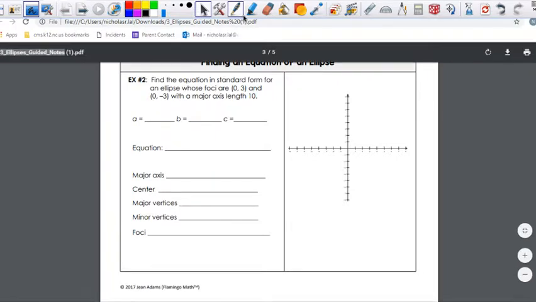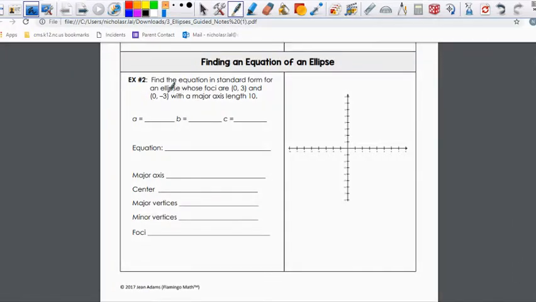Finding an equation of an ellipse. Find the equation in standard form for an ellipse whose foci are 0, 3 and 0, -3, with a major axis length of 10. So right away, we know the foci are at 0, 3 and 0, -3.